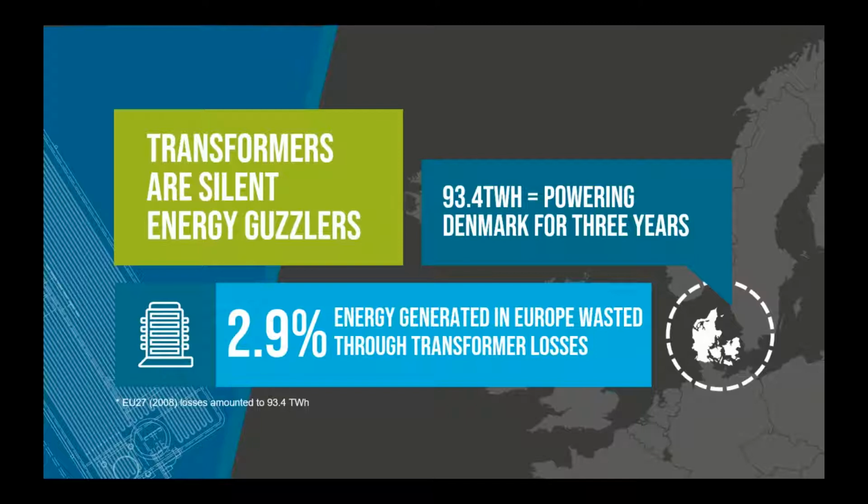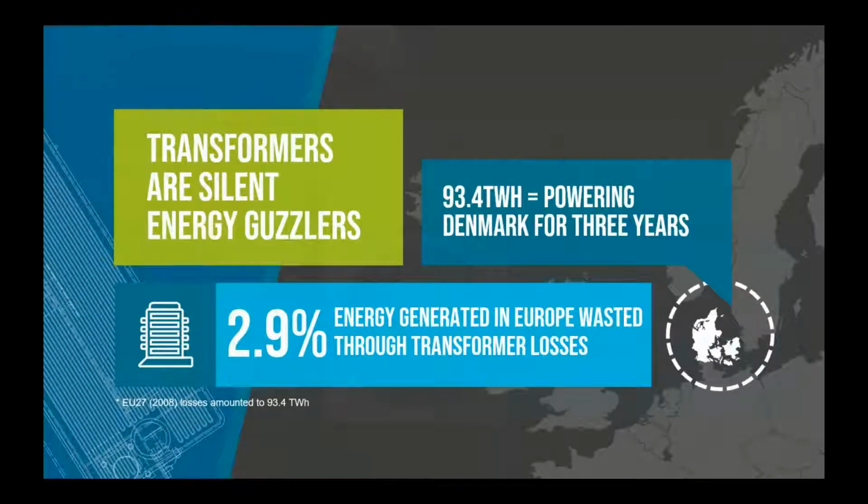The UK is still part of Europe, but not part of the EU. But when this started, we were still part of the EU, and the numbers of losses are insane. The 2.9% amounts to 93.4 terawatt hours, and that can power Denmark for 3 years. So we're talking about massive losses that get wasted through transformers.